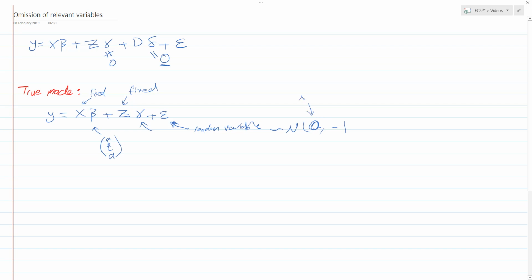So this is assumption 3 of Gauss-Markov assumptions, which is the expectation of epsilon is 0, and this is assumption 4, which says the variance is going to be sigma squared I. The I just means a matrix with zeros elsewhere, and just a diagonal of sigma squared.